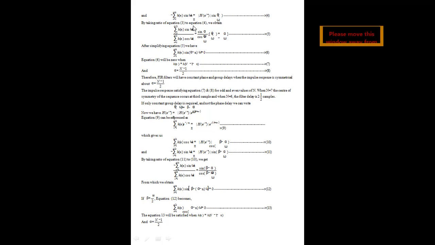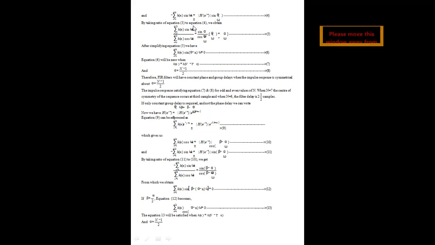After simplifying the equation, we are able to obtain the summation n equal to 0 to N minus 1, h of n sine of alpha minus n into omega, which is equal to 0. So we need to know when the equation can be 0. It is a multiplication of h of n into the sine of some value. Obviously, if we make the sine 0, the entire value will be equal to 0.